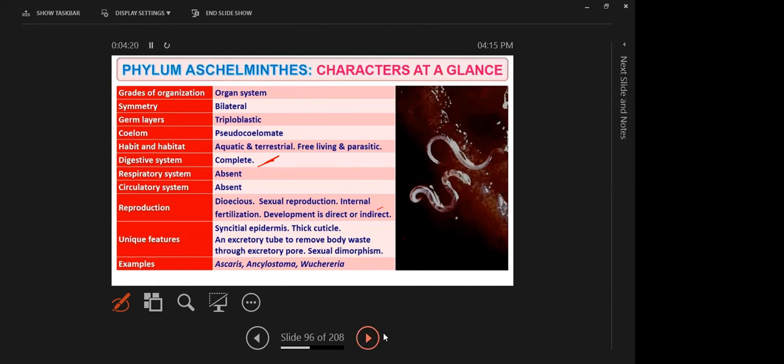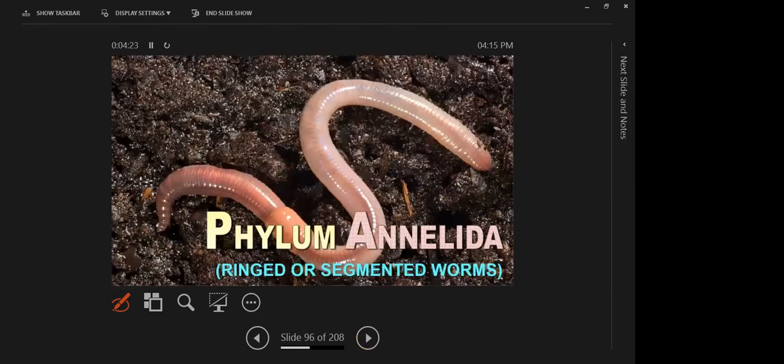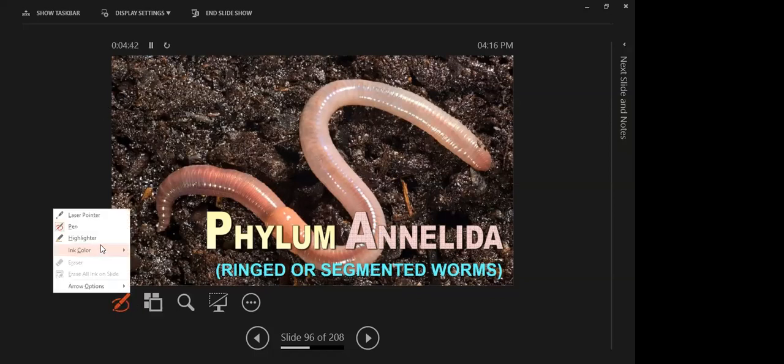So coming to the next, Annelida. Annelids also do not have a differentiated body. This is the actual photograph of this red worm or earthworm. They are called Annelida because they have annulus rings. What is the meaning of these annulus rings? That means they have body segments.